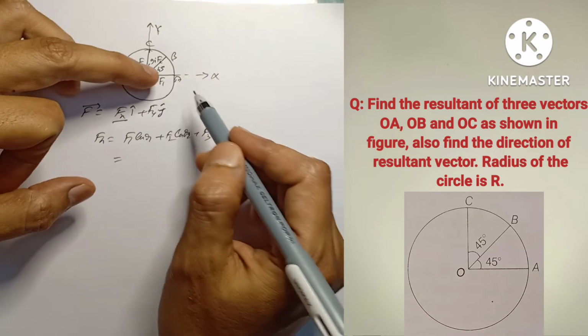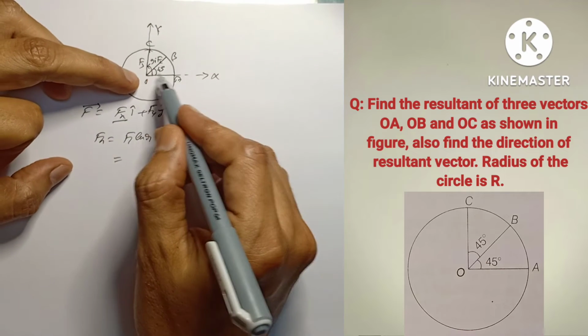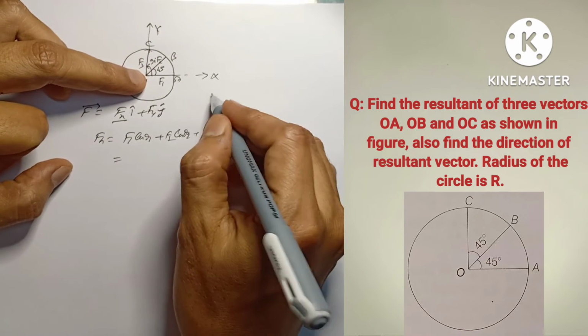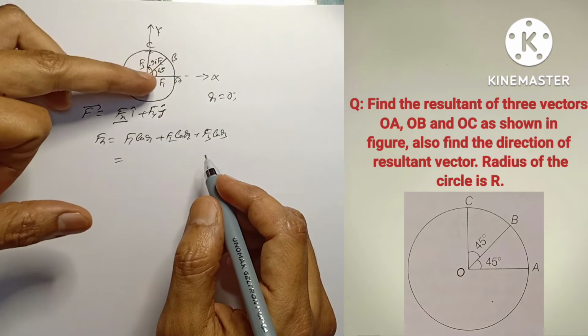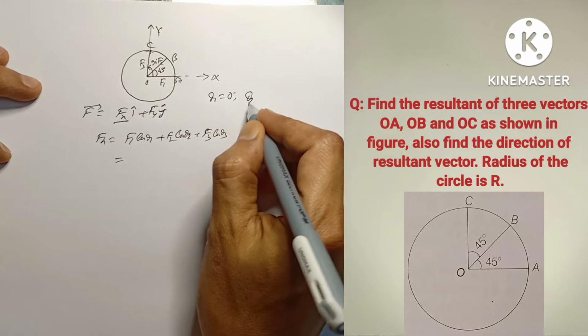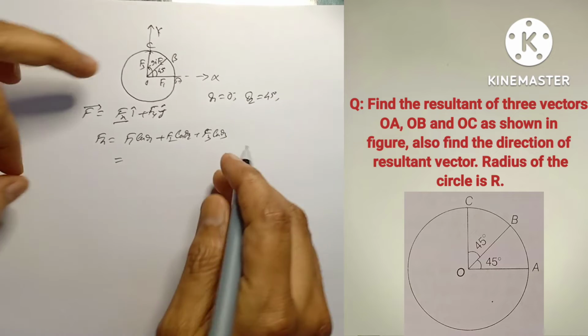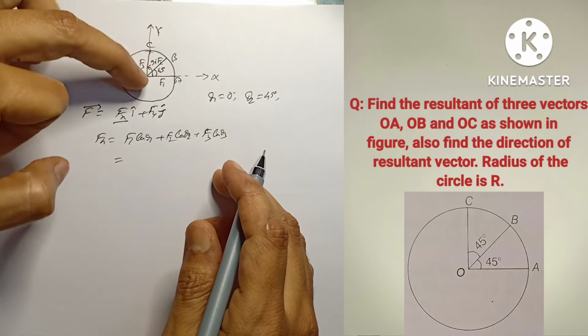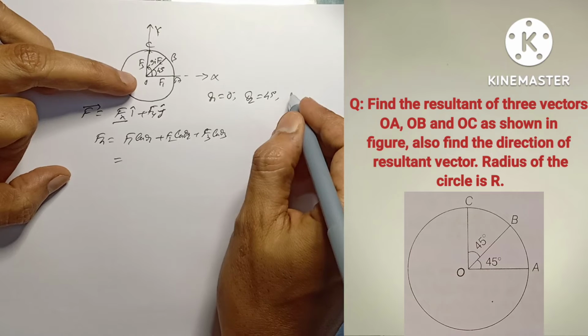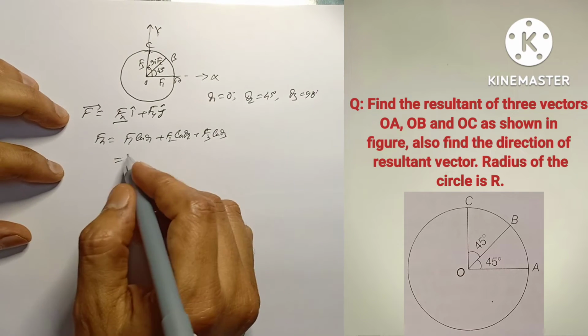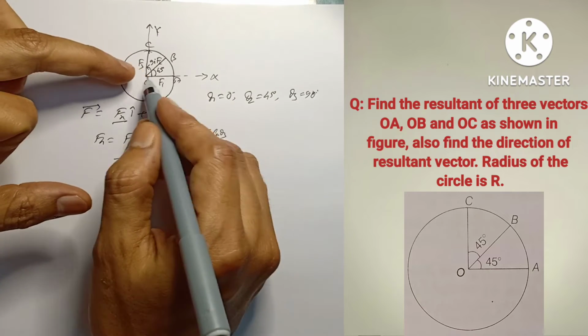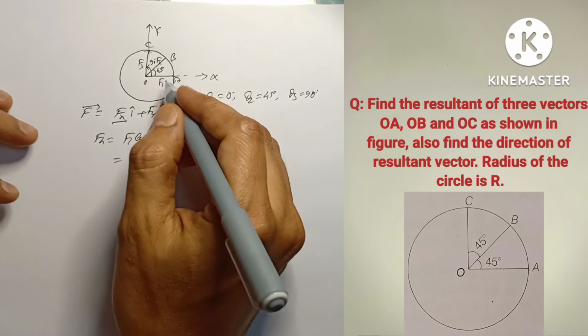Theta 1 is the angle between f1 and the x-axis. Here f1 is along the x-axis, so theta 1 equals 0 degrees, and f2 is at 45 degrees with the x-axis, so theta 2 equals 45 degrees, and f3 is along the y-axis, so theta 3 equals 90 degrees. Then, just substituting, we get all of this, with length OA, OB, OC equal to r, the radius.